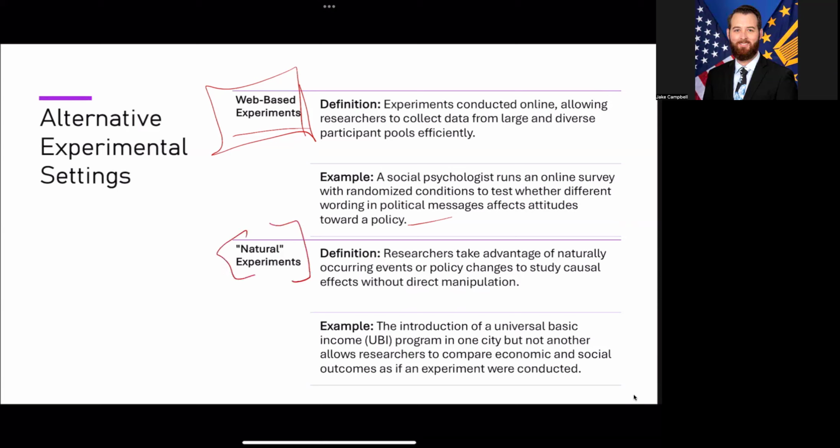We also have things called natural experiments. This is where we as a researcher didn't actually plan or initiate the experiment, but something happens in nature, and that might be social, that might be environmental, but something naturally occurs, and we use that change to study causal effects without our own direct manipulation. So let's say the county of San Bernardino decides to pass a universal basic income program, but the county of Riverside doesn't implement something like that, right?